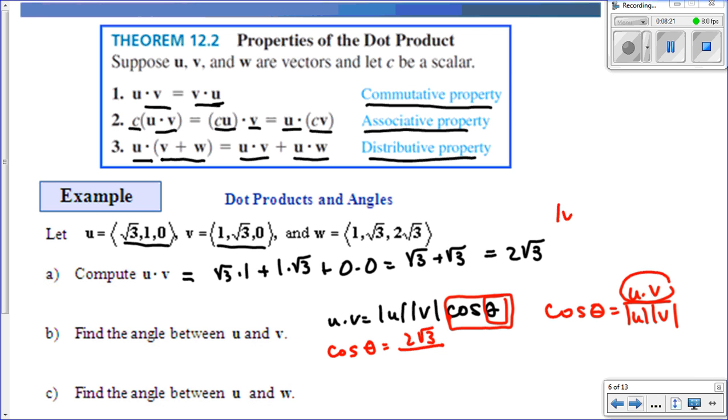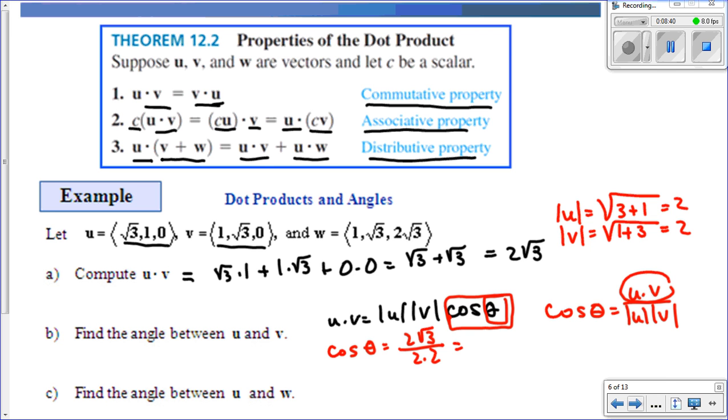Well, the magnitude of u will be the square root of (square root of 3) squared plus 1 squared, which is 2. And the magnitude of v will be the square root of 1 squared plus (square root of 3) squared, which is also 2.